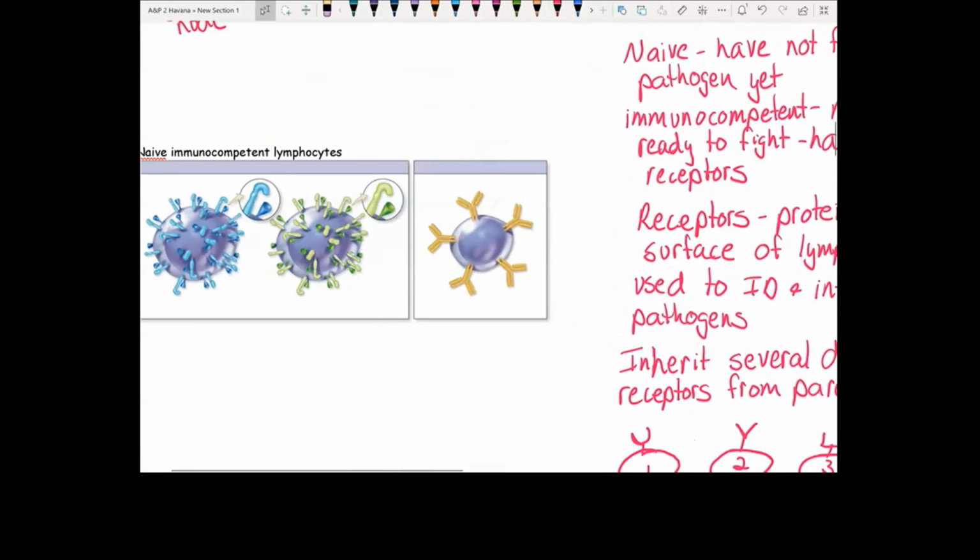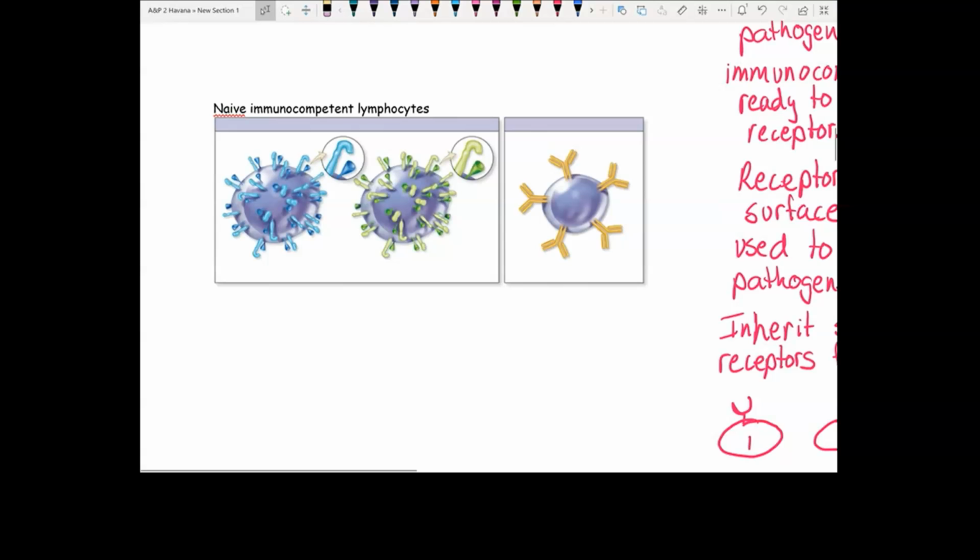Let's look at the 3 lymphocytes, helper T, cytotoxic T, and B cells, and see which receptors they have. The blue is for helper T. We have 2 different proteins here on the surface. This hook-shaped one is CD4, and this funnel-shaped one is TCR. So helper Ts have CD4.